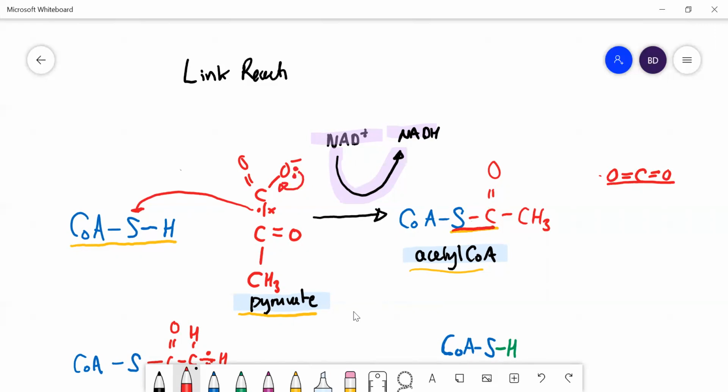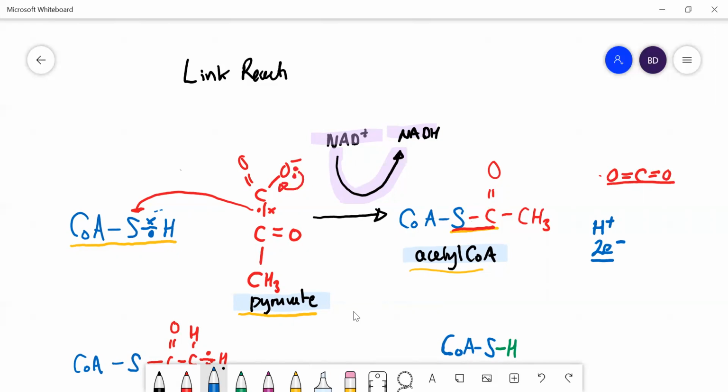And of course, this sulfur was forming a bond to this hydrogen here, so there's a pair of electrons there. So that hydrogen comes off here as H+, and those 2 electrons.